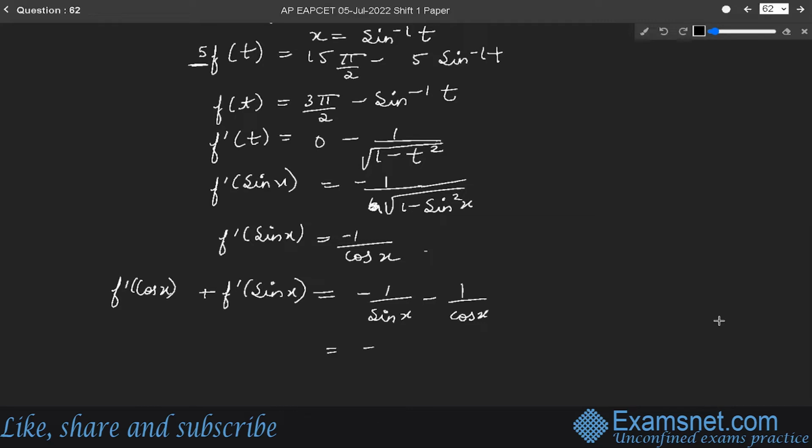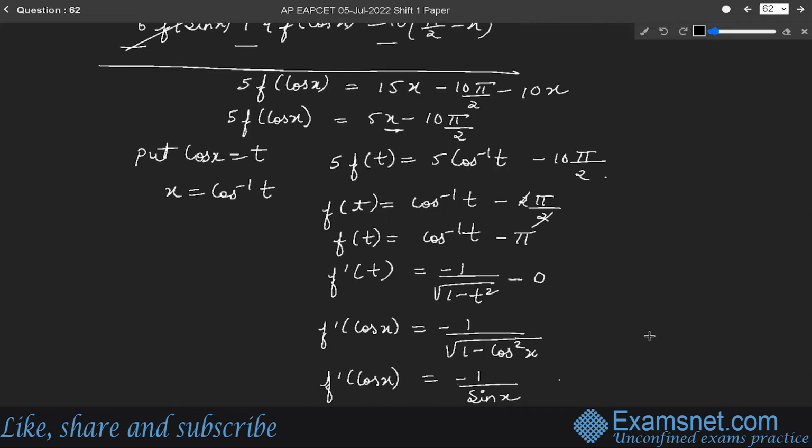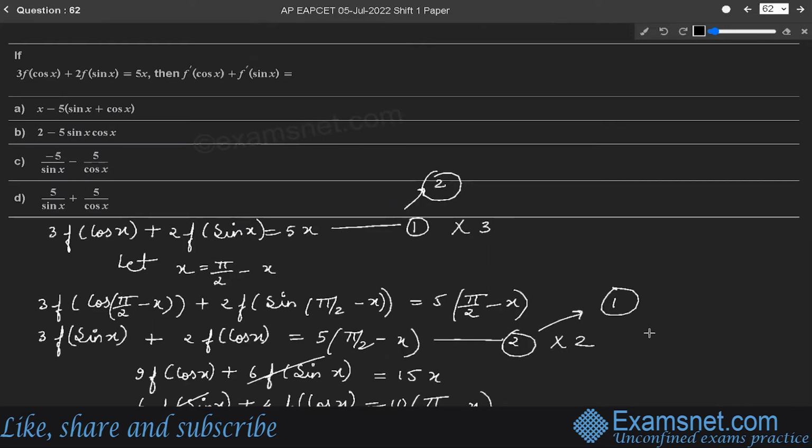So it becomes minus 5 upon sin x minus 5 upon cos x. So this is the required value for the given expression. So we can say that out of all the given options, the correct option is option number C, which is minus 5 upon sin x minus 5 upon cos x.